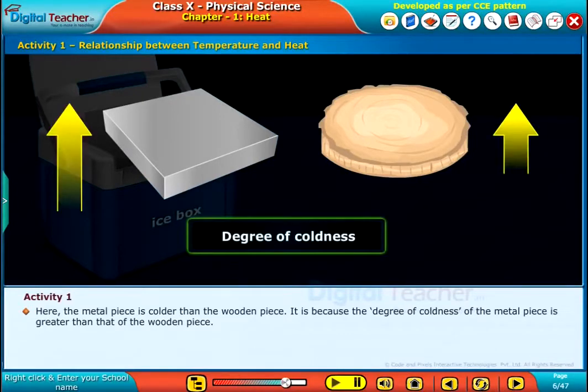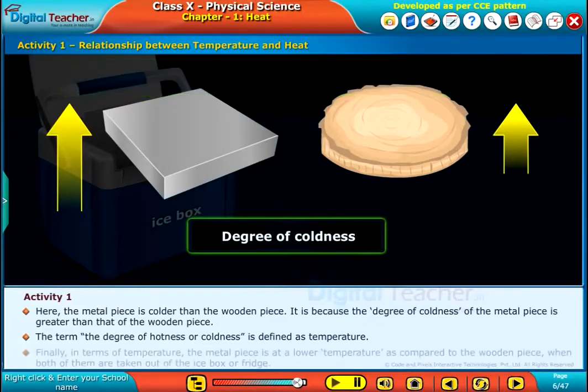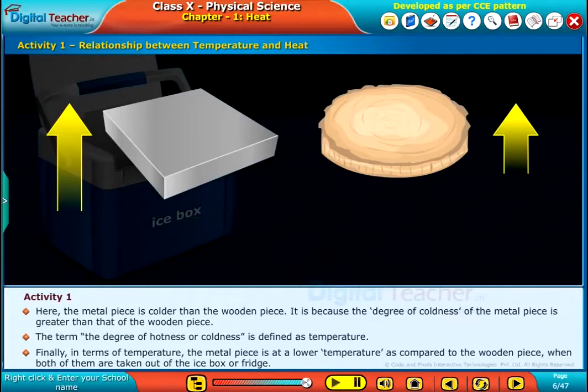It is because the degree of coldness of the metal piece is greater than that of the wooden piece. The degree of hotness or coldness is defined as temperature. Finally, in terms of temperature, the metal piece is at a lower temperature as compared to the wooden piece when both of them are taken out of the icebox or fridge.